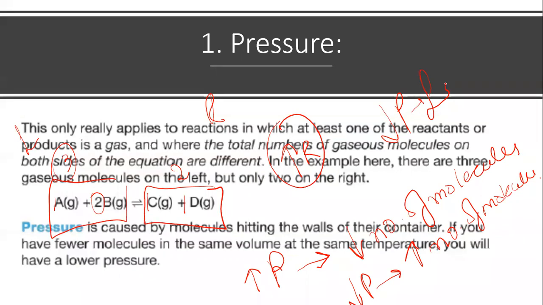To understand this, we first need to understand what pressure is. In physics, you might have studied that pressure is force per unit area. How much force is being exerted per unit area? Now, if I am increasing the pressure of the gas, what is going to happen?